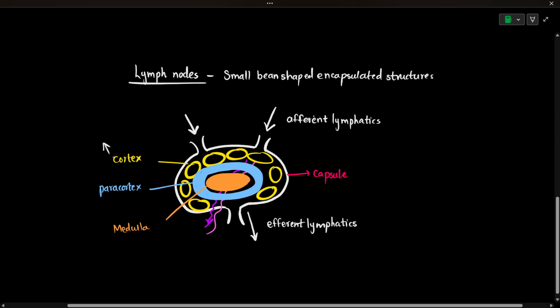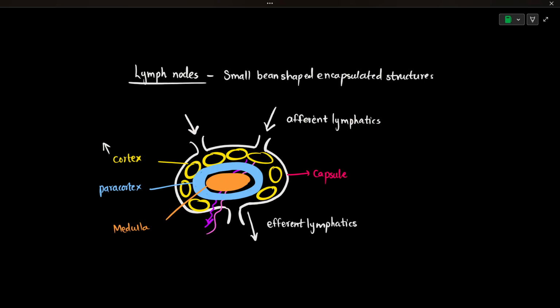Here the naive B cells will be present in the primary follicles. They are going to interact with the antigens and get activated, and form plasma cells to secrete the antibodies inside the blood system. So the cortical region will have naive B cells which interact in the follicles with the antigen.